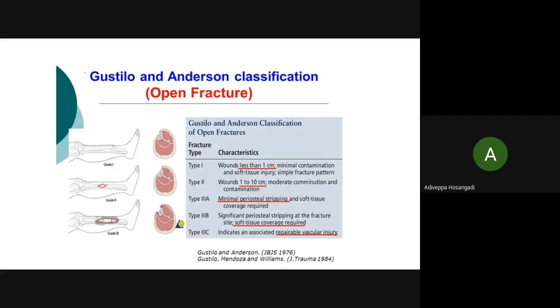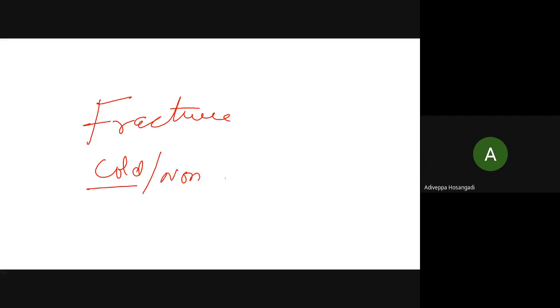So for general orthopedics, you should know orthopedics, of course, is both about traumatology, that is fractures, and cold orthopedics. We can't say cold, but it is a non-traumatic entity.